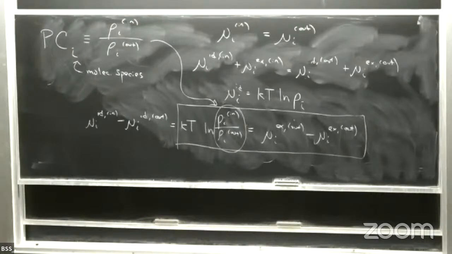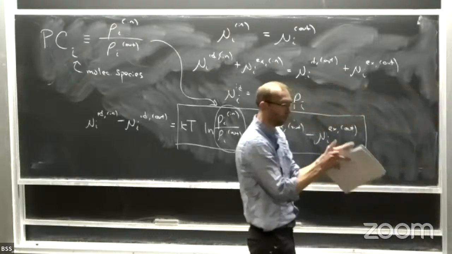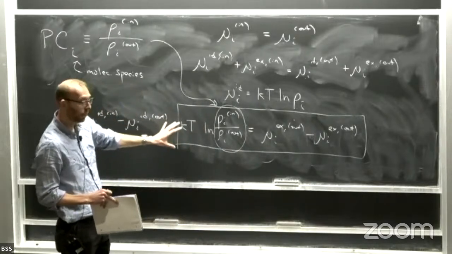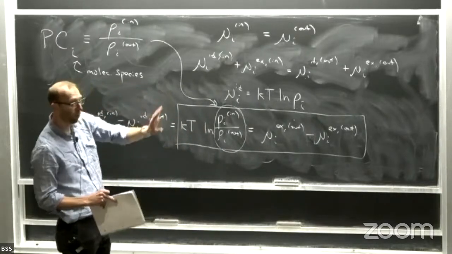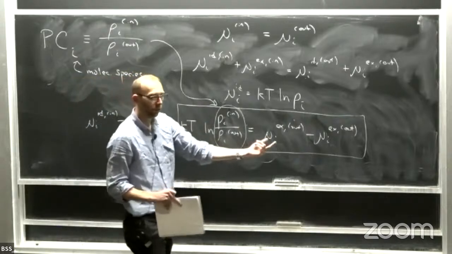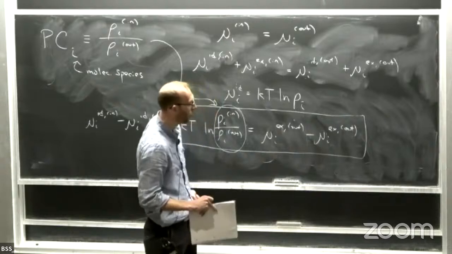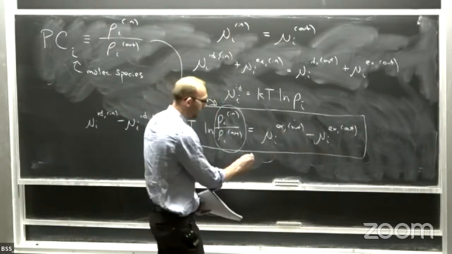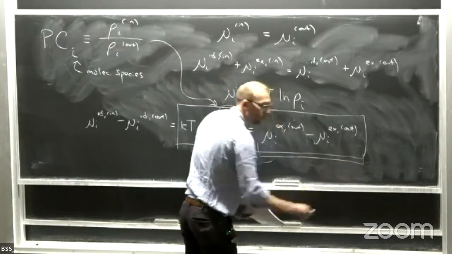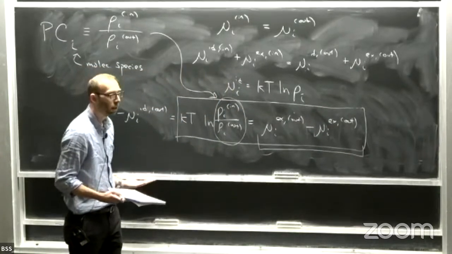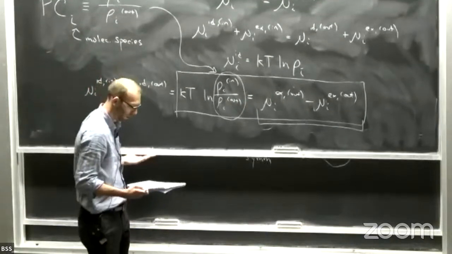These numbers can be gigantic, meaning that you have a much, much higher concentration of a particular, say, protein or RNA. And what this shows is that that number is directly related to the difference in excess chemical potential. So in these multi-component systems, this quantity here is really the key thing of interest because it tells us where these molecules want to go.